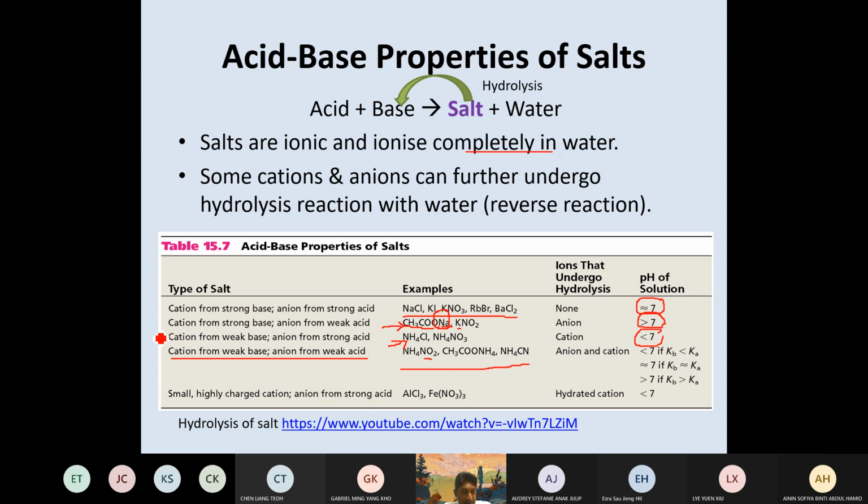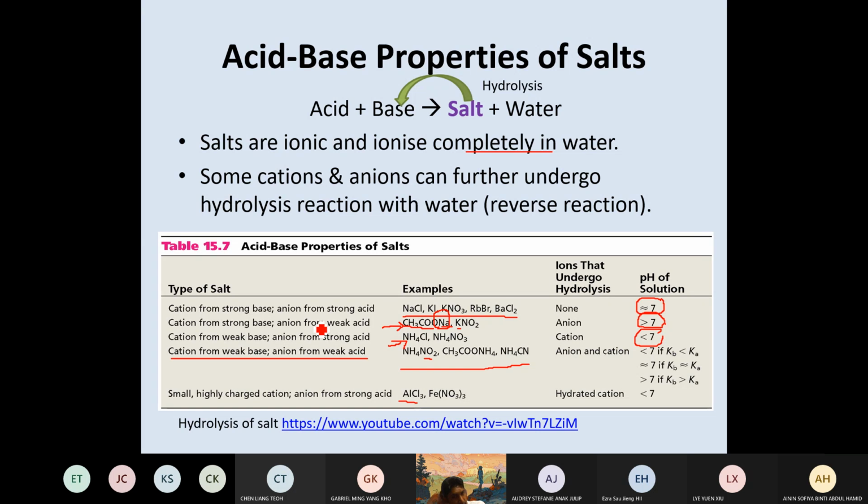And another criterion is that a small but highly charged cation forms a strong acid. So aluminium is strong because it cannot even fill up its octet, right? It's small, but it is highly charged. That means aluminium is carrying 3 positive charges.